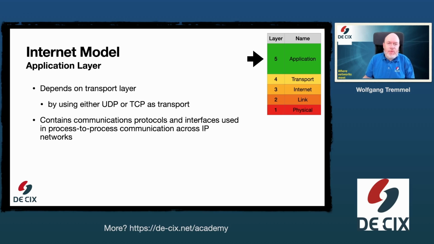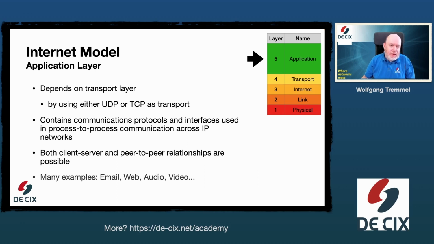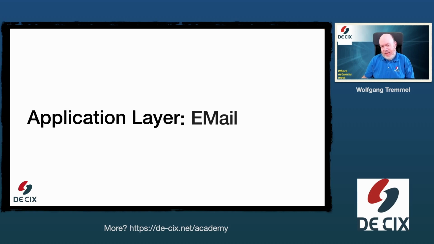And it is used for communication between applications across IP networks. On the application layer, we see both client-server, server-to-server, or peer-to-peer relationships. That's all possible. And there are many examples of protocols on the application layer. I'm starting today with email.